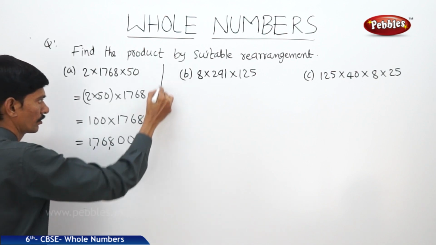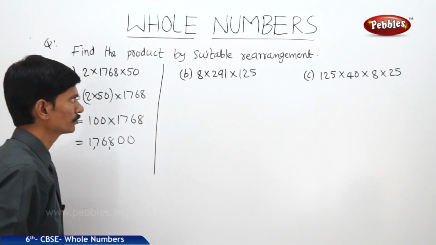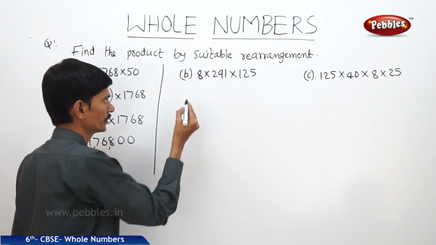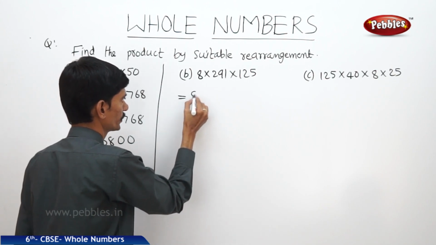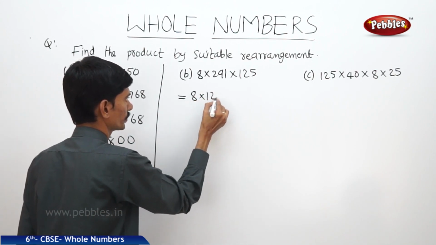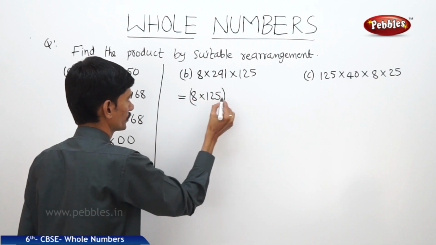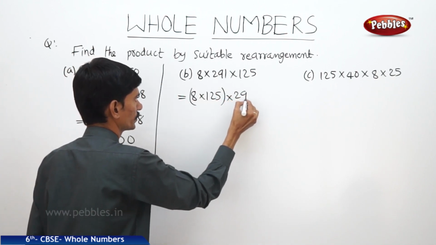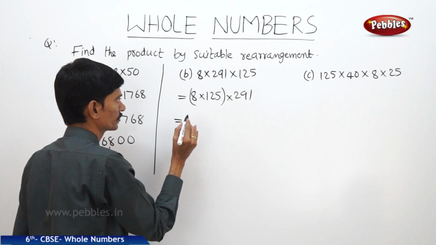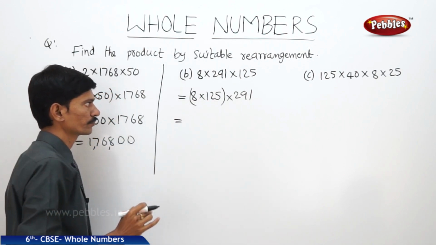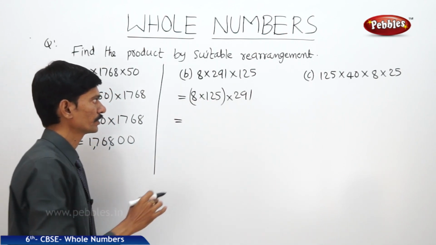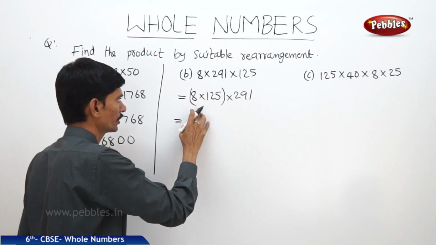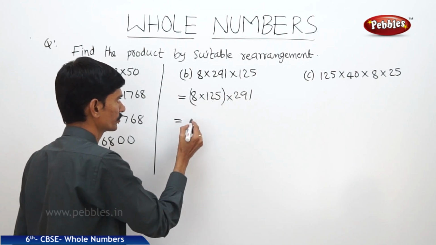Now the second question, 8 into 291 into 125. So here also we can group 8 into 125 together into 291. So this equals to 125 twos are 250, 125 fours are 500, and 125 eights are 1000.